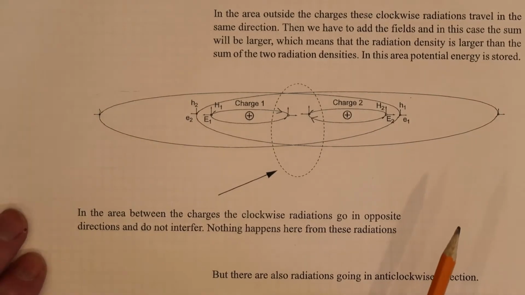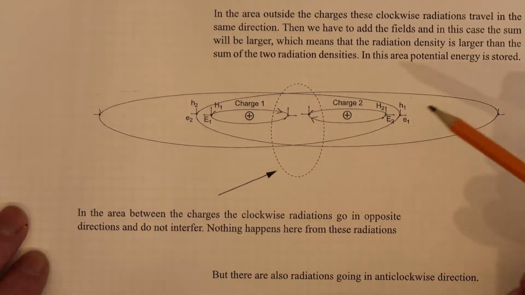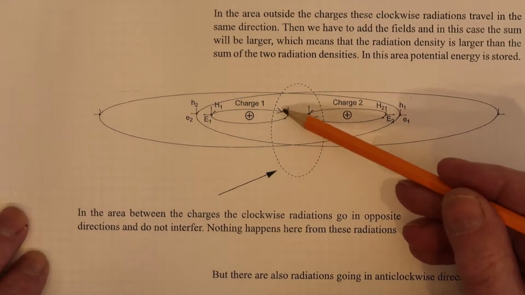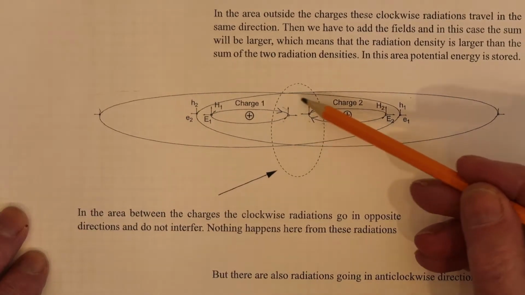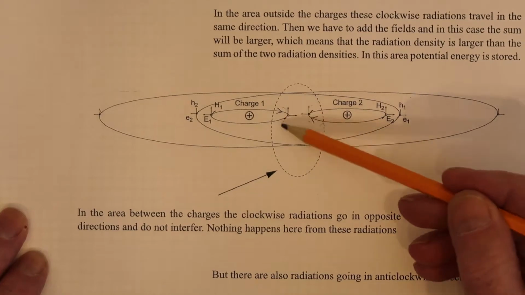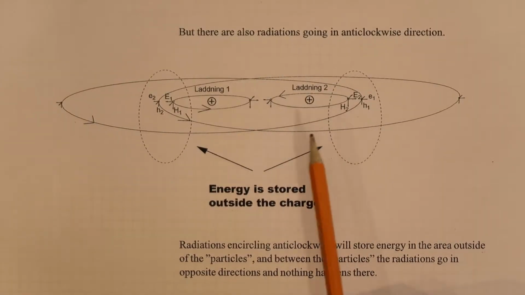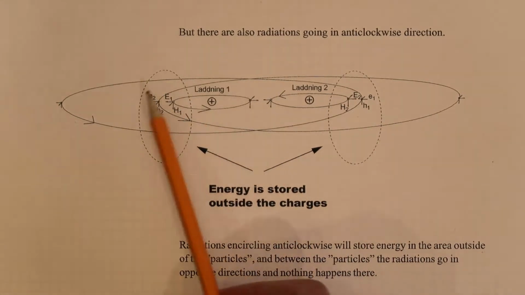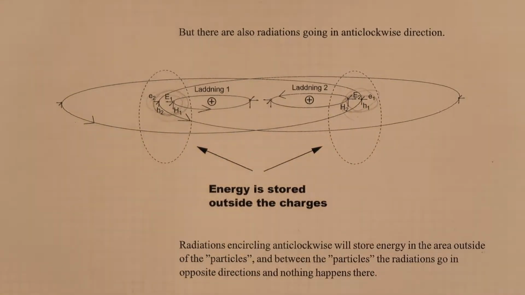In the area between the charges, the radiations are traveling in different directions, and they don't add. And of course the same happens with the radiations going in anti-clockwise direction. Energy is stored outside the charges.